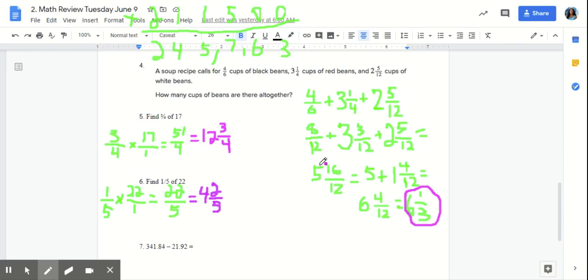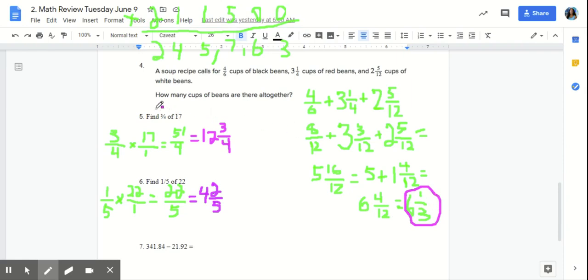We'll get 5 16/12. Now 16/12 is an improper fraction, so we have to turn that into a mixed number and then add the fractions together. So we have 5 plus 1 4/12, which would get us 6 4/12. And if we simplify it, our simplified answer is 6 1/3.